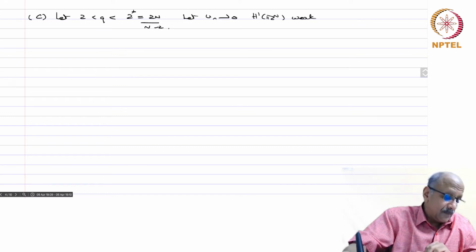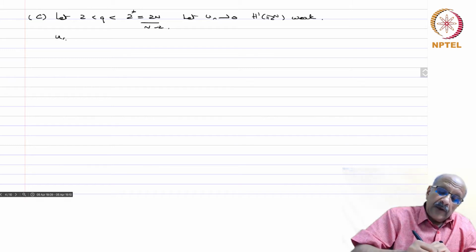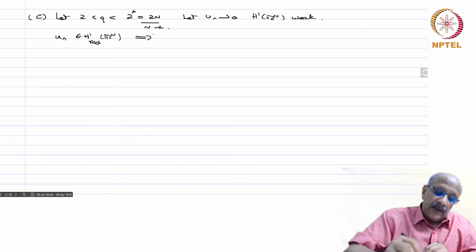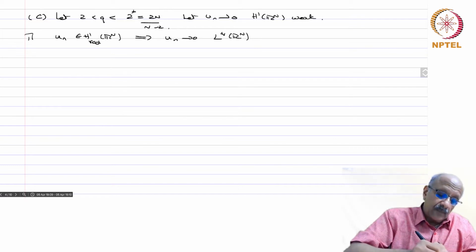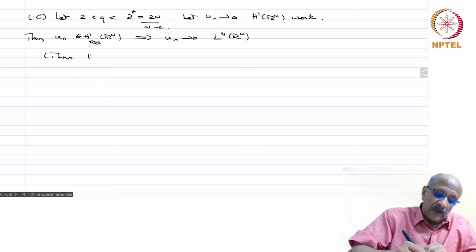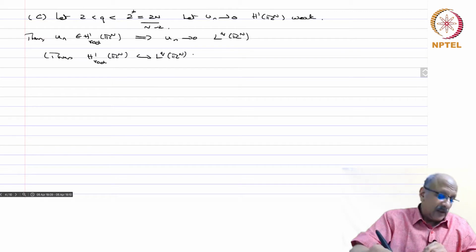This will then imply that un goes to 0 in Lq of Rn. Thus you have H1 radial of Rn in Lq of Rn is compact.